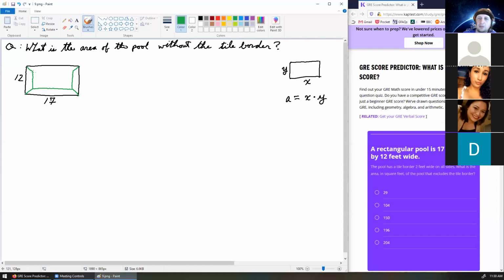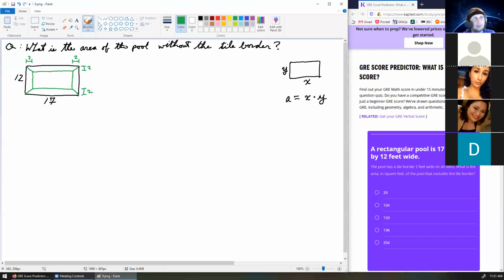So there's a little square that's 2 feet shorter on each side, right? So if we know that, and we know that's 2 feet, that's 2 feet, 2 feet, 2 feet, like that.